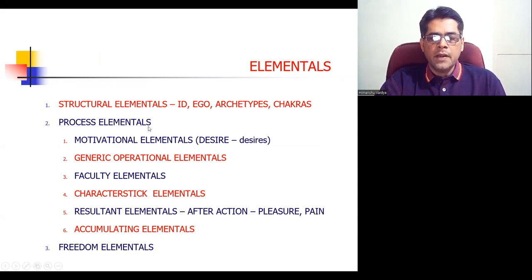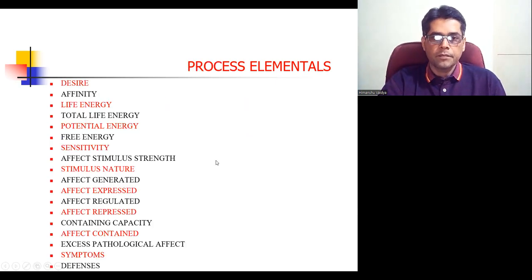And the process elemental category can be further divided into motivational elementals, generic operational elementals, faculty, characteristic, resultant, and accumulative. We saw motivational elementals last time. Now we will see generic operational elementals.